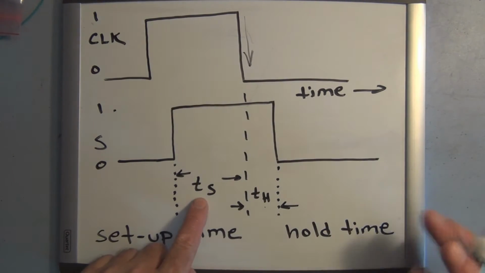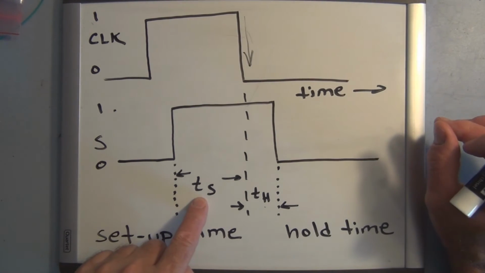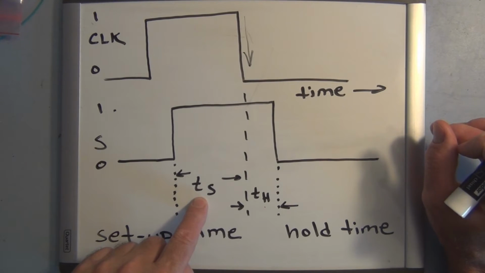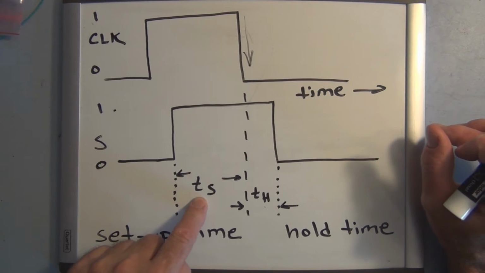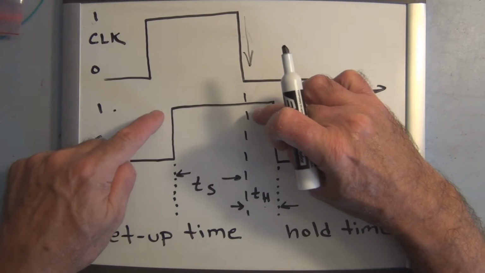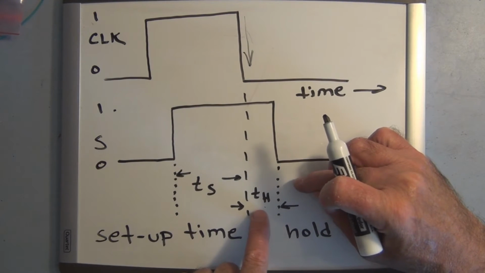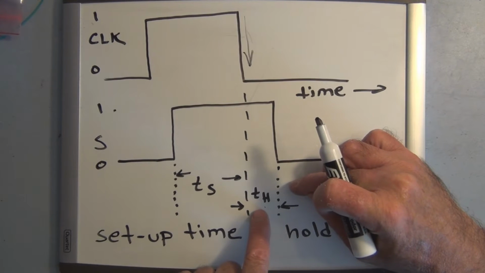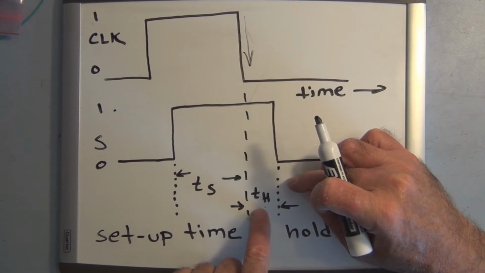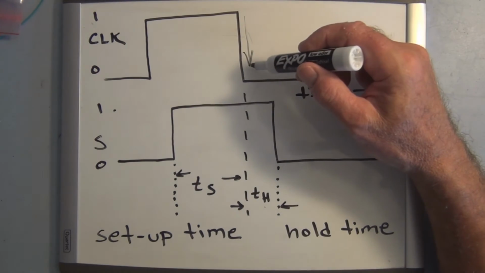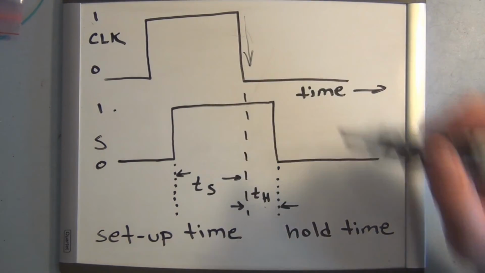So we have TS, which is the amount of time that the control signal has to be stable prior to the triggering edge of the clock pulse. And we have TH, which is the hold time, which is the amount of time that the control signal has to remain stable after the triggering edge of the clock pulse.